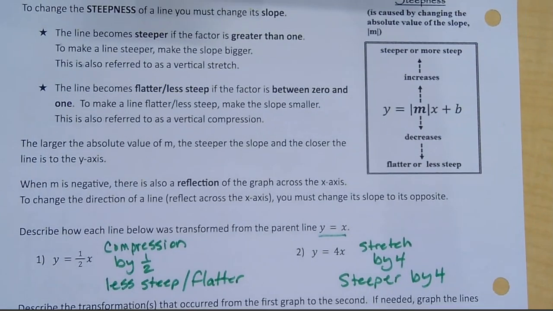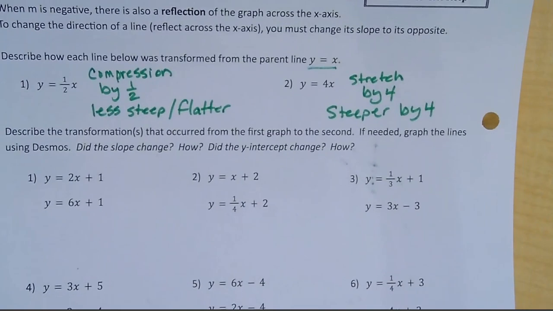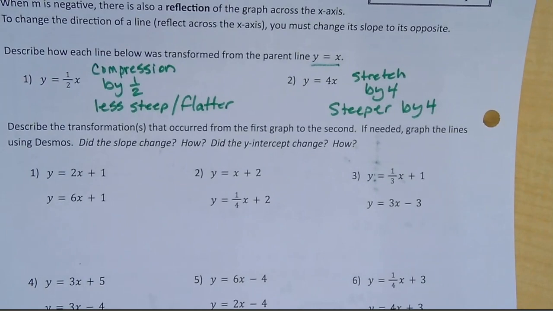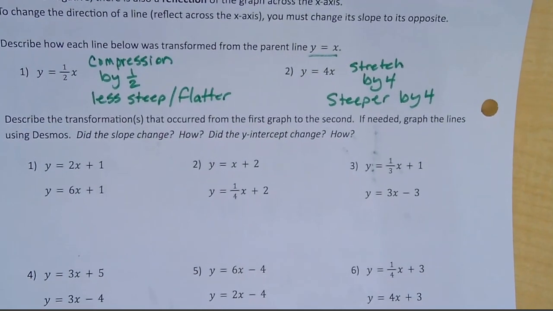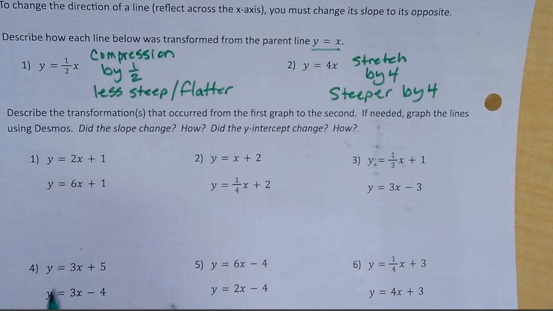All right? So if you're given the actual factor that you're going to use to change your slope, you're just going to multiply your original slope by that factor. But sometimes, and you'll see this on your notes, you are actually given two lines and you have to figure out what we multiplied our slope by, and then describe the transformation that occurred. So we're going to look at number 1 here.